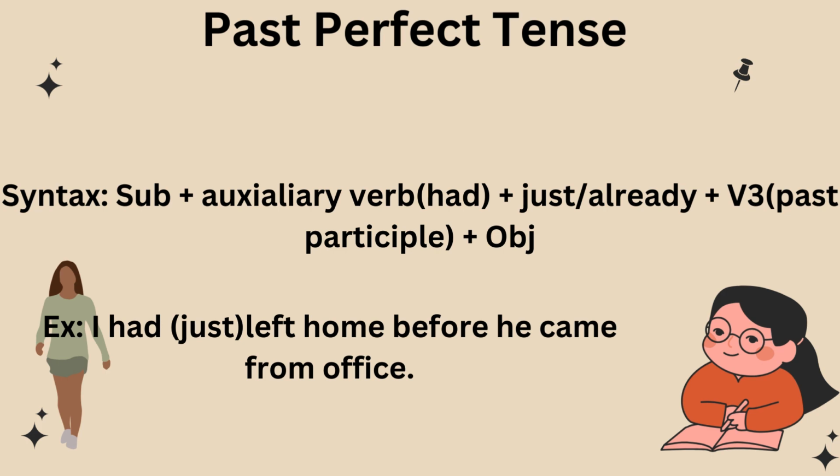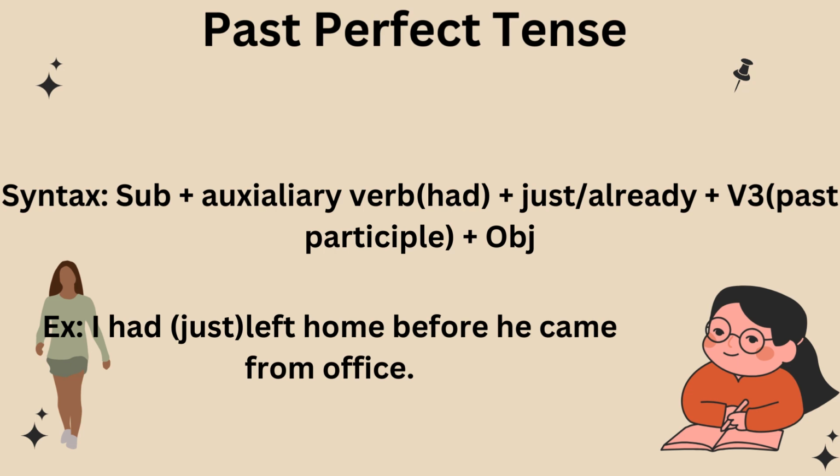Okay, these identification words we can have in the sentences to identify which form of the tense it is. And I had just left home before he came from office. So here there are two actions taken place.